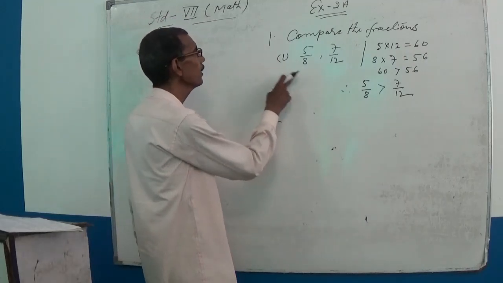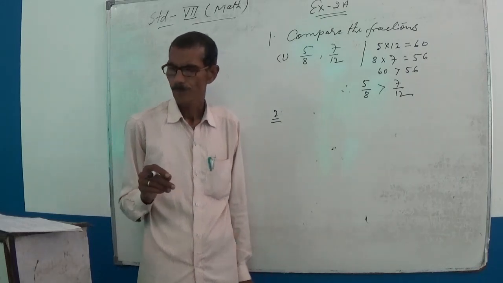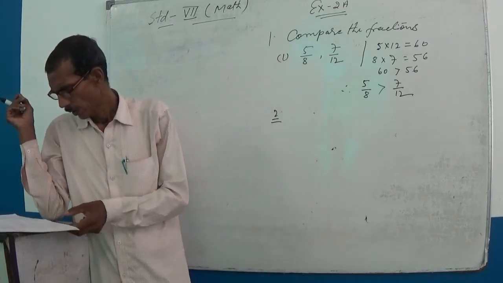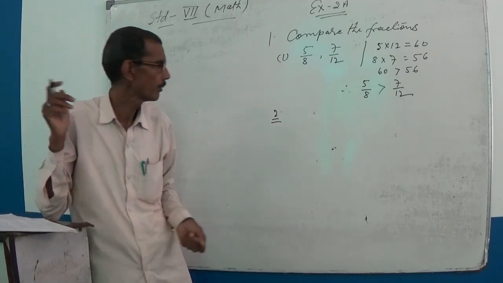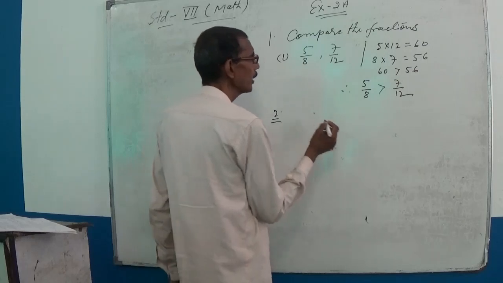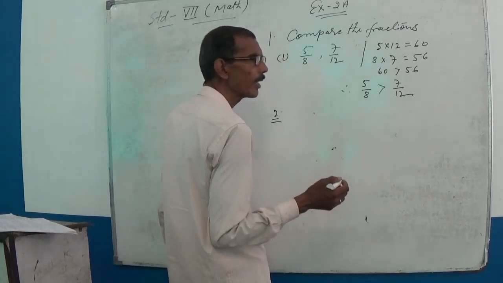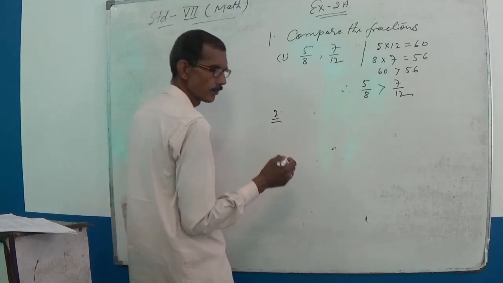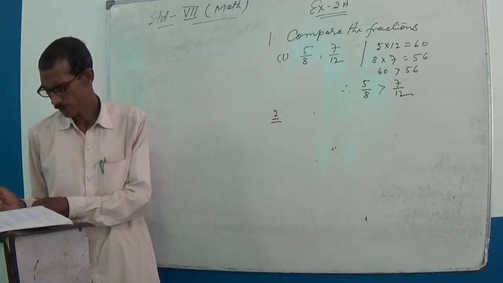This is applicable for two fractions only. Arrange the following fractions in ascending order. Now more than two fractions are given and you have to arrange them in ascending order.